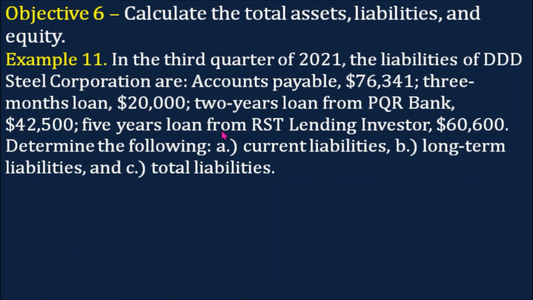Example number 11. In the third quarter of 2021, the liabilities of DDT Steel Corporation are accounts payable $76,341, 3 months loan $20,000, 2 years loan from PQR Bank, that's $42,500, then 5 years loan from RST Lending Investor, that's $60,600.